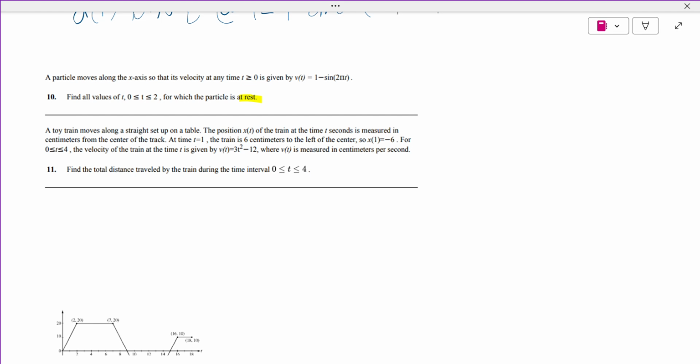At rest means that v of t equals 0. So if you set this equal to 0, on the given interval, which is from 0 to 2, and you solve this, you are going to get two values for t: t equals 1 over 4 and 5 over 4. This is what happens in the first question.